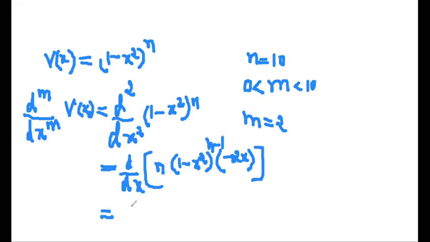Minus 2n into n minus 1 into 1 minus x square whole power n minus 2 into minus 2 into minus 2x.